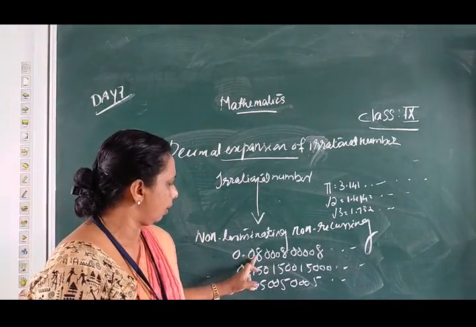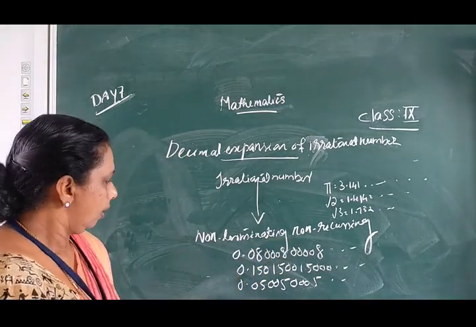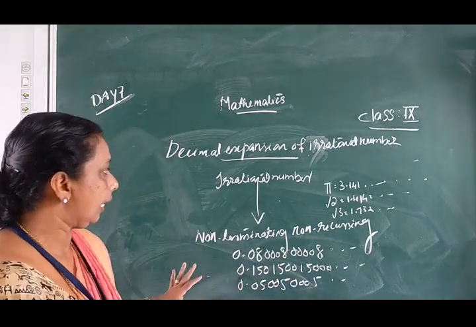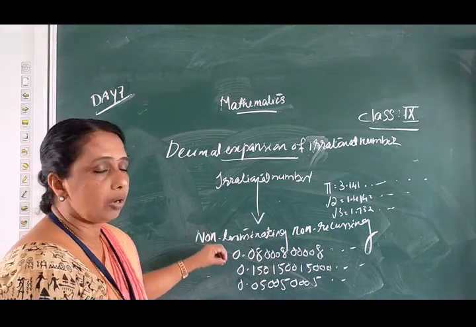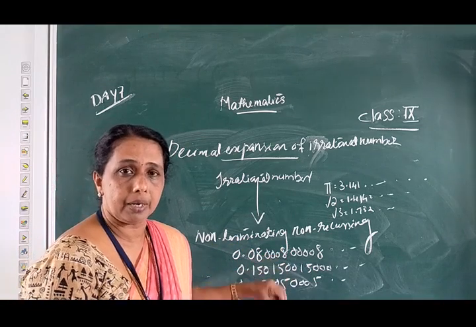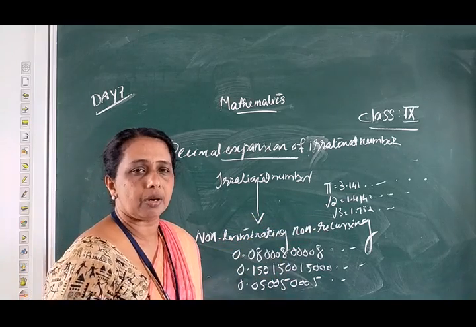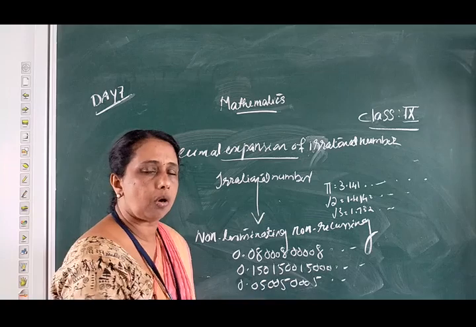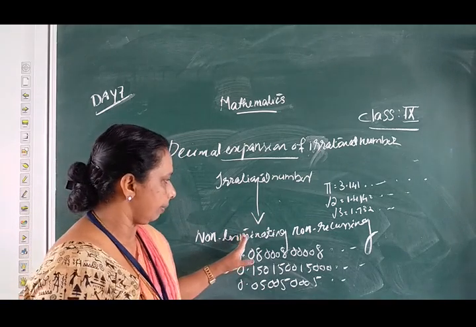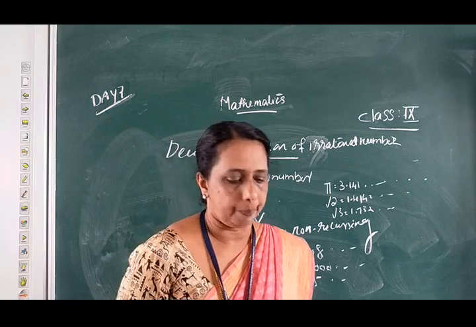Here it is 08, next is 0008, next is 00008, and so on. This is a non-terminating, non-recurring decimal, the decimal expansion of an irrational number. In this decimal expansion, etc. is there, and no digit or block of digits is repeating. This type of decimal expansion is called non-terminating, non-recurring.